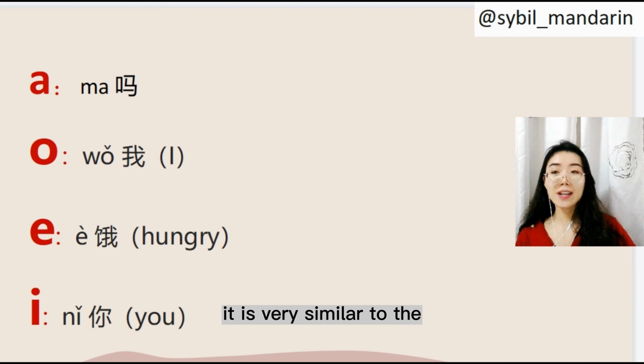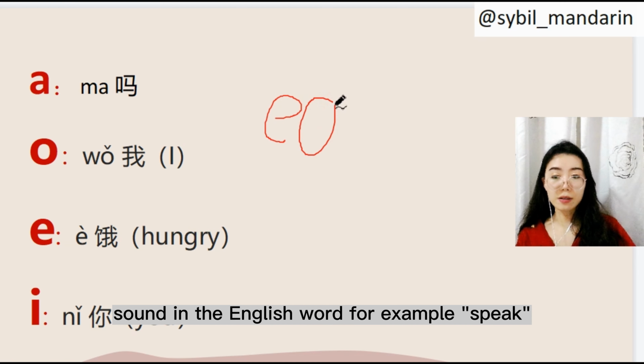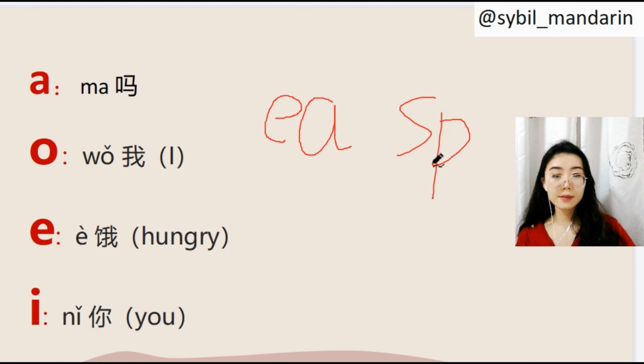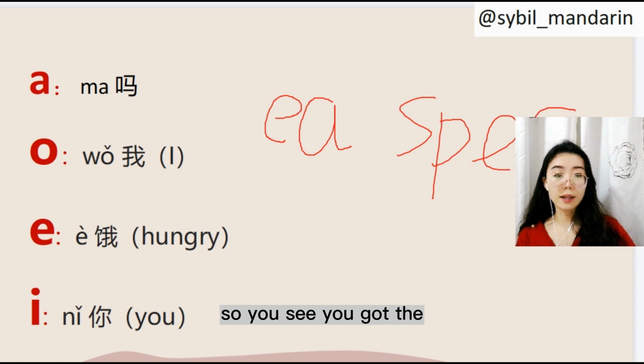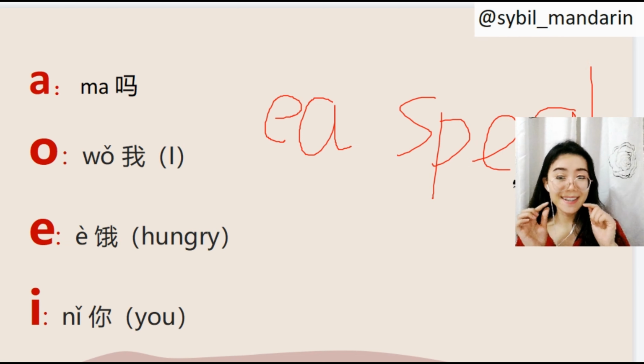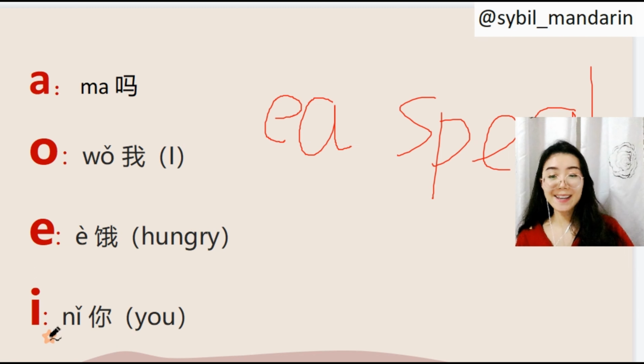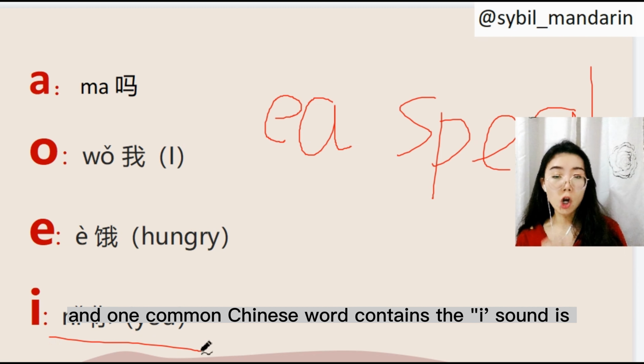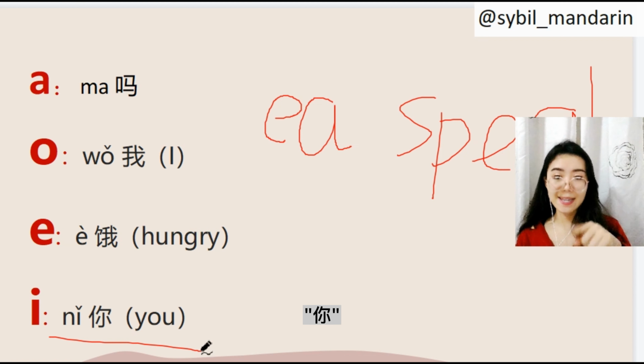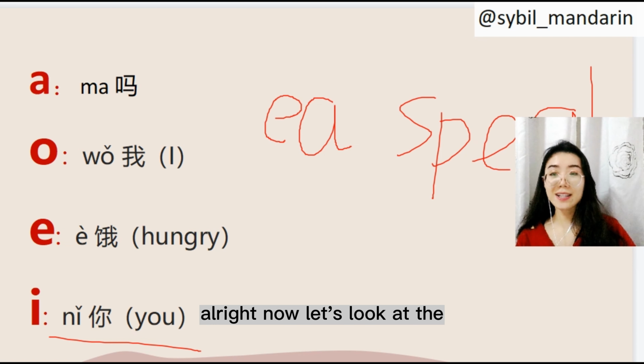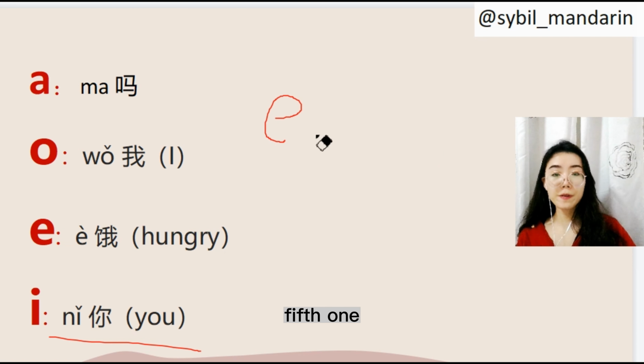It is very similar to the EA sound in the English word, for example, speak. So you see we got the e. One common Chinese word containing the e sound is you. We say 你.